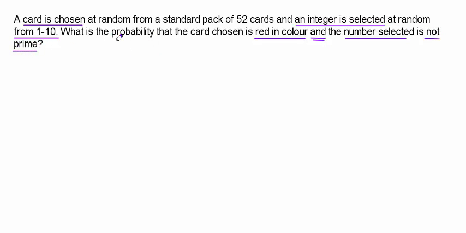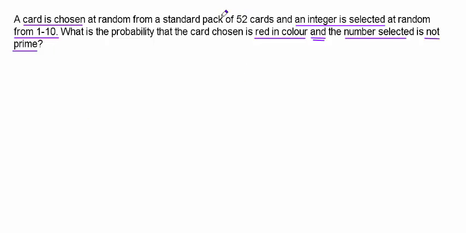So we need to find the chance of this and this happening at the same time. Now if you look at the two events, picking a card that is red in color and selecting a number that is not prime are in no way related to each other and therefore they are independent events. So we are going to find their individual probabilities and multiply them together to find the answer.